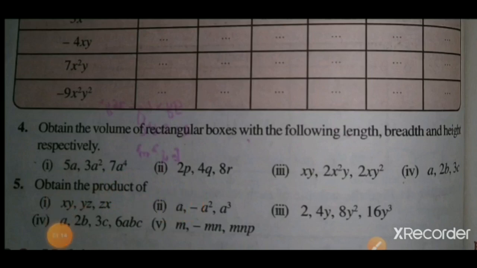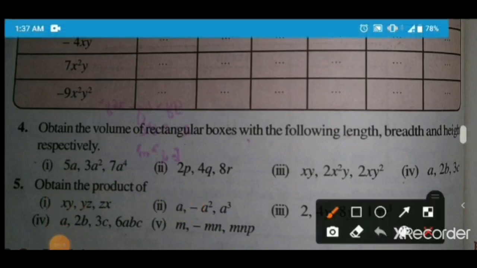So for the solution of this question, we can write, given length L equal to 5a, then breadth B equal to 3a square, and height h equal to 7a raised to the power 4.